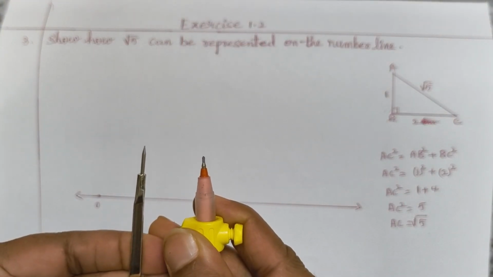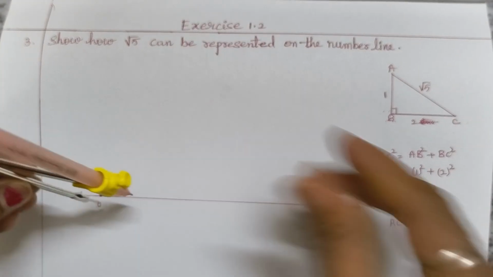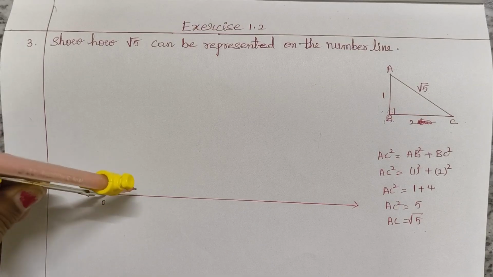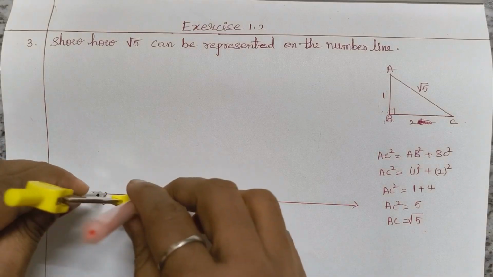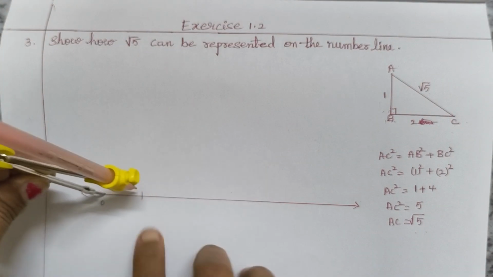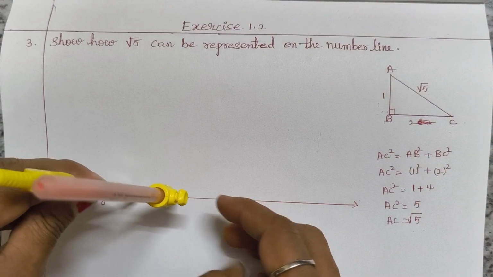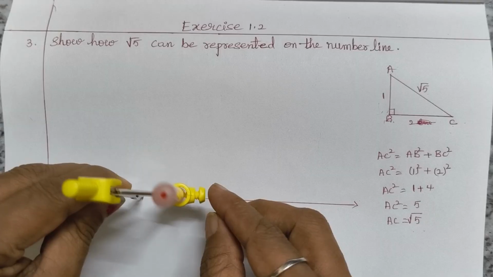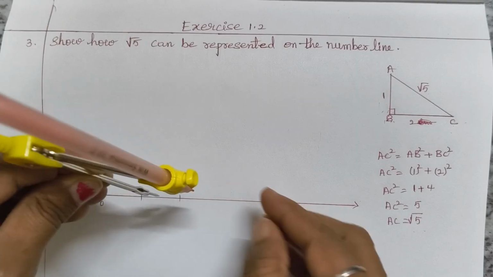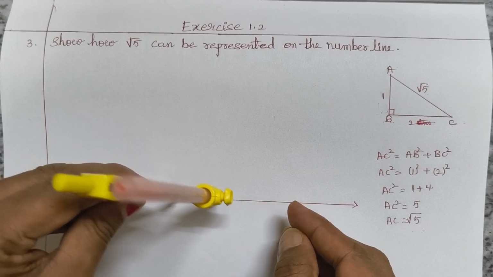Try to understand. This much I am taking. This dot place, you keep round. Here you get 1 unit. Next, again at the same place, take one more equal distance. Next again take 1 more equal distance. 3.